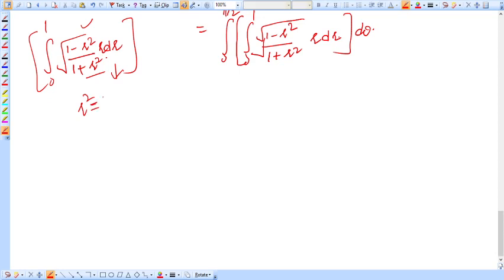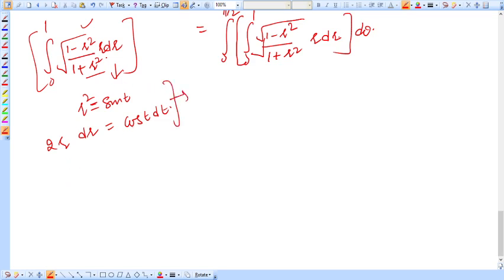Here only you put r square is equal to sin t. So 2r dr would be equal to cos t dt, right?